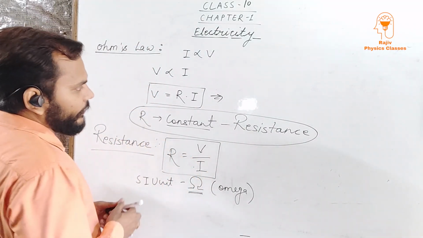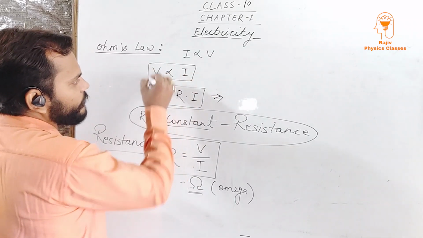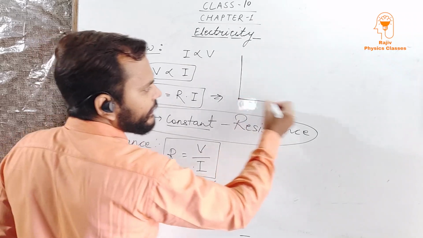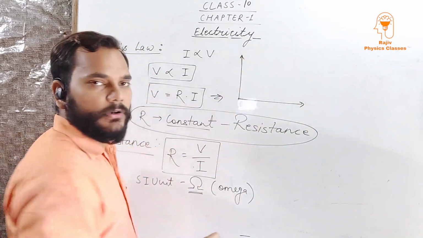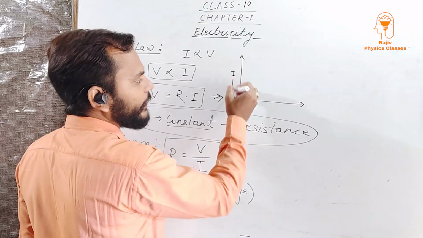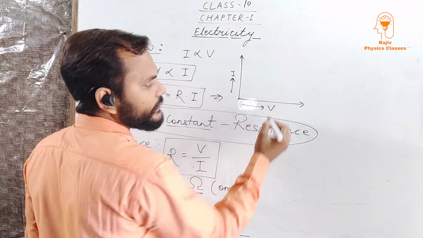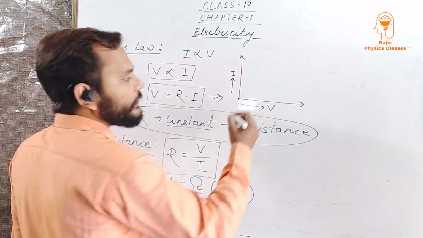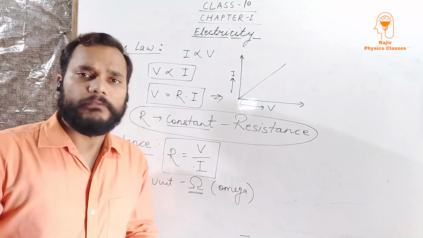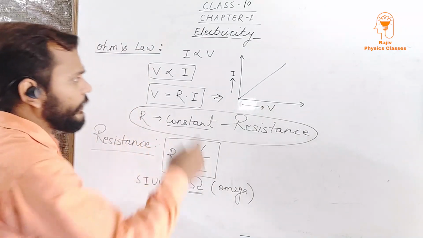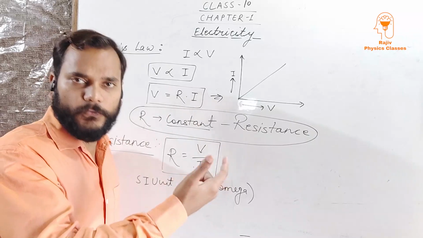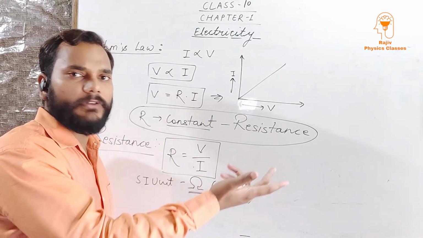Now if V is directly proportional to I, and I draw the VI characteristic of Ohm's law, the graph between the electric current and the potential difference for a conductor must be a straight line. It's very simple, common sense. If V is directly proportional to I, as we increase the value of V, the value of current will also increase.